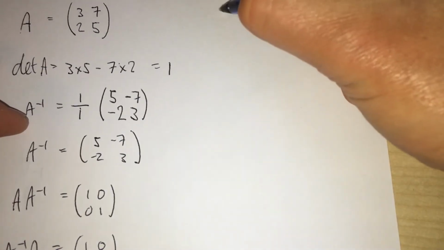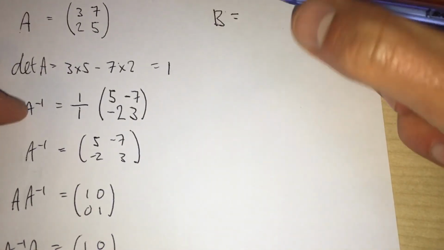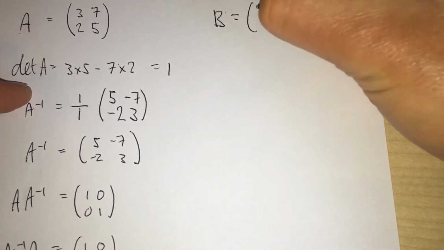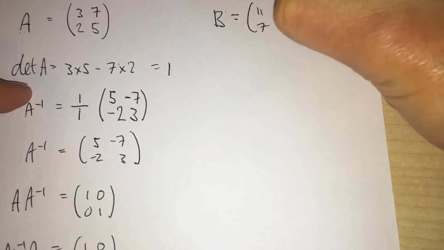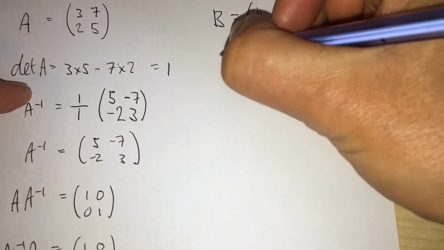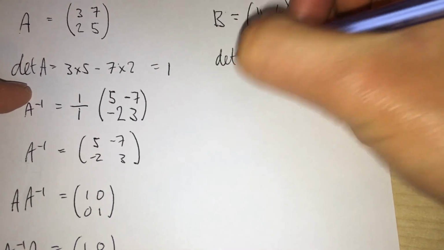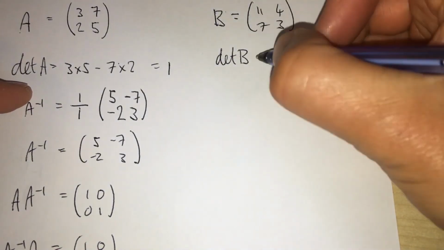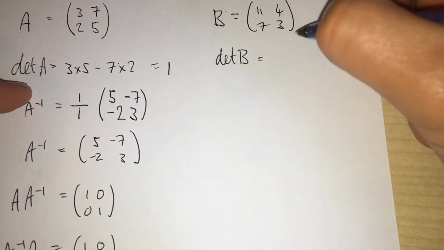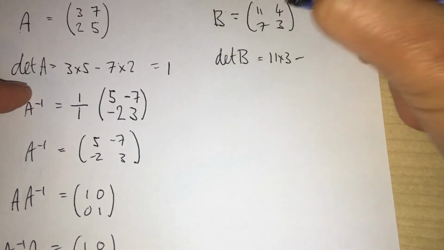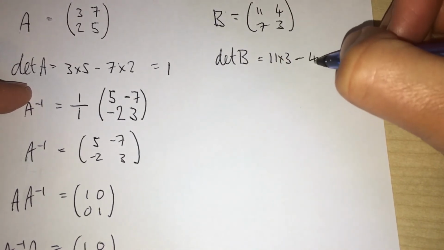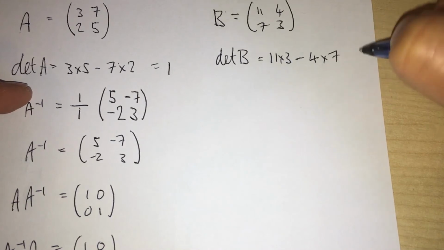Let's have another example. Matrix B, we'll let that equal 11, 4, 7 and 3. And then we first find the determinant, and in this case the determinant of B is again the product of A and D, which is 11 and 3, minus the product of B and C, which is 4 and 7.